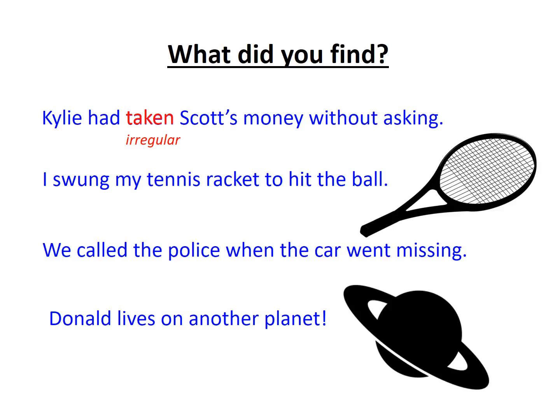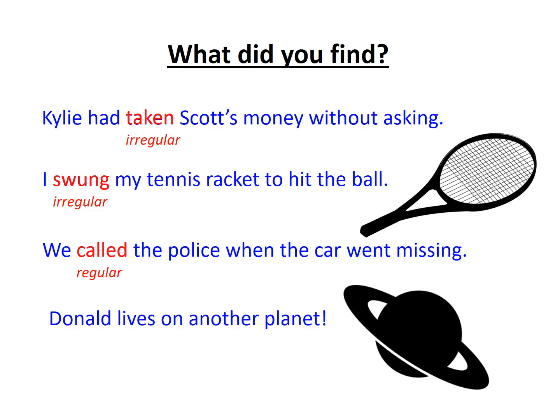Kylie had taken Scott's money without asking. That's an irregular verb. That's also the past participle. I swung my tennis racket to hit the ball. Now, we're assuming this is in the past tense. It's irregular.